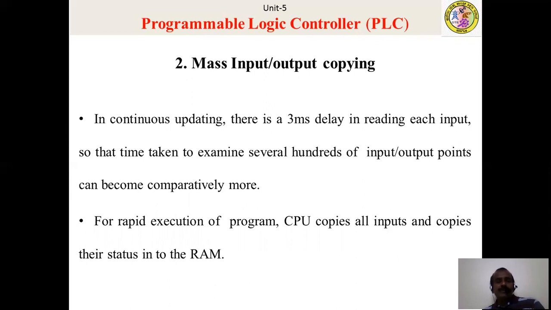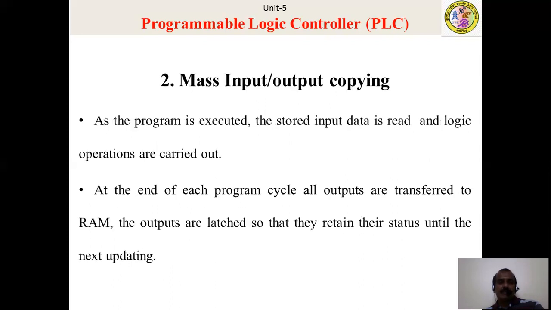So for rapid execution of the program, the CPU copies all inputs and their status into the random access memory. As the program is executed, the stored input data is read and logic operations are carried out. At the end of each programming cycle, all outputs are transferred to the RAM. The outputs are latched so that they retain their status until the next updating in masked input-output copying.